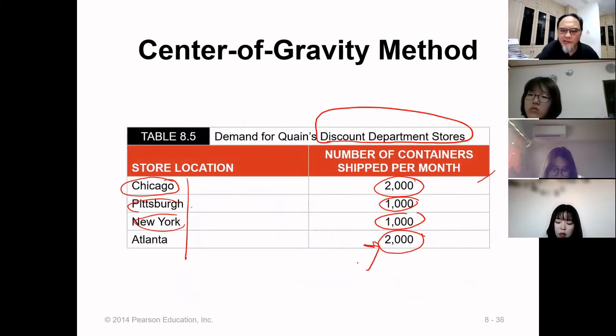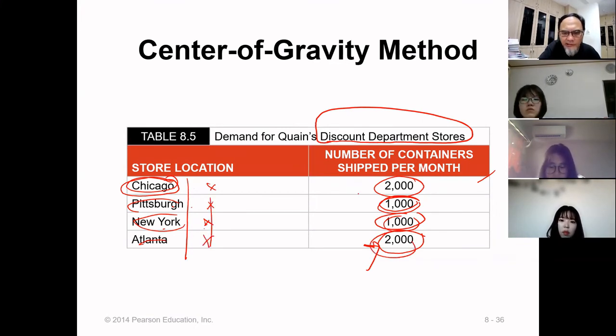So what you do is you find the X location for Chicago and multiply by the shipment. X location for Pittsburgh, you multiply by 1,000. X location for New York, you multiply by 1,000. And X location for Atlanta, multiply by 2,000. So all the X locations are multiplied by the volume.